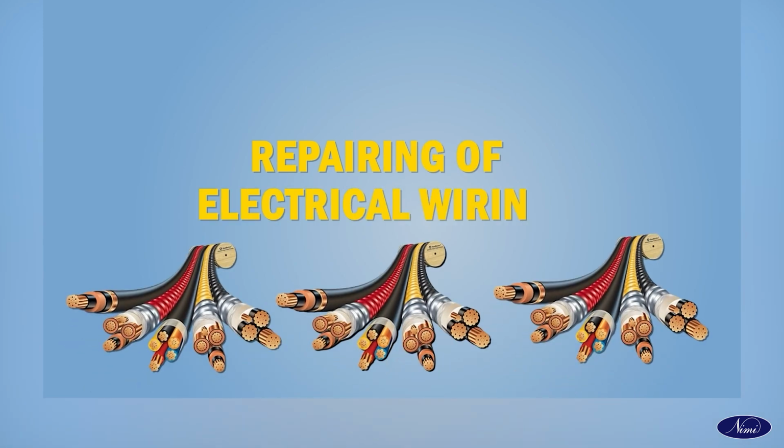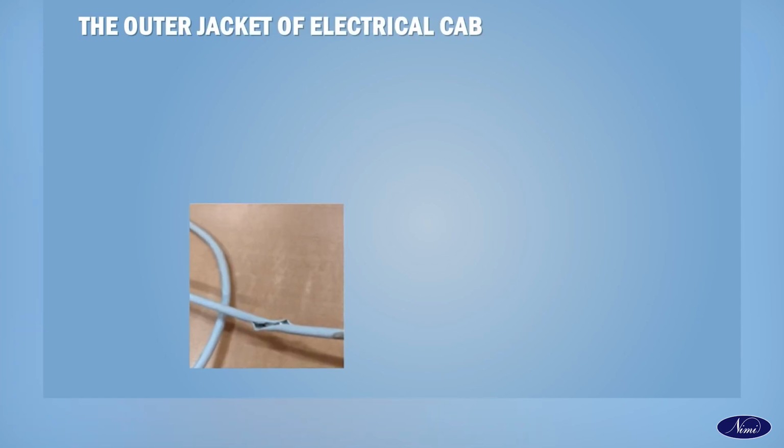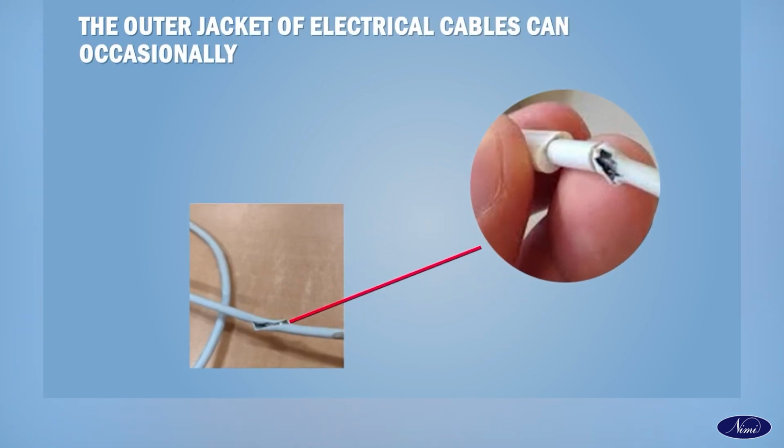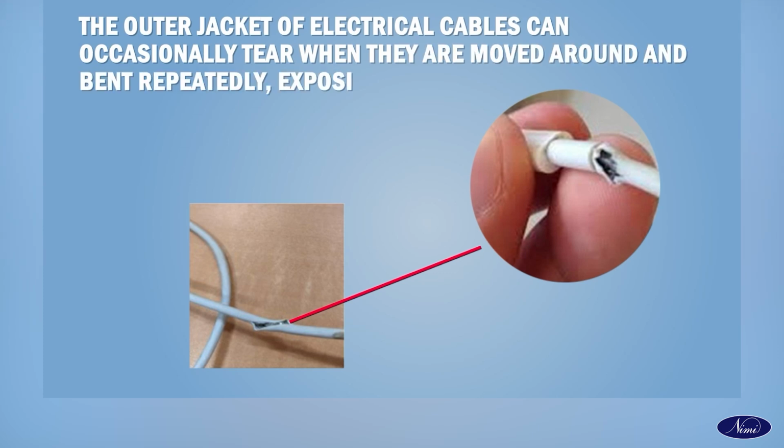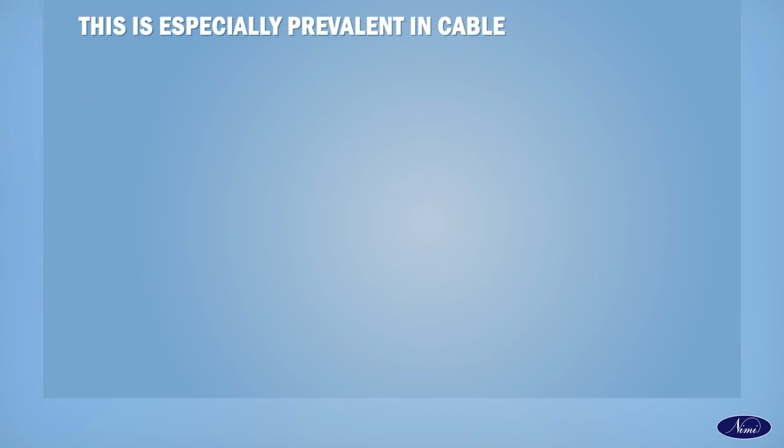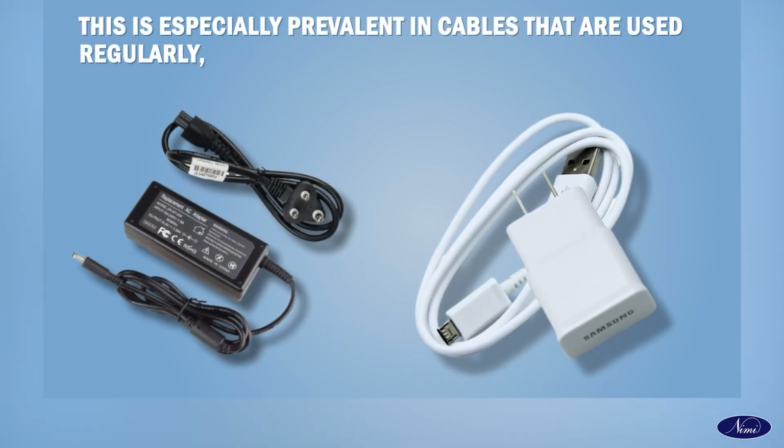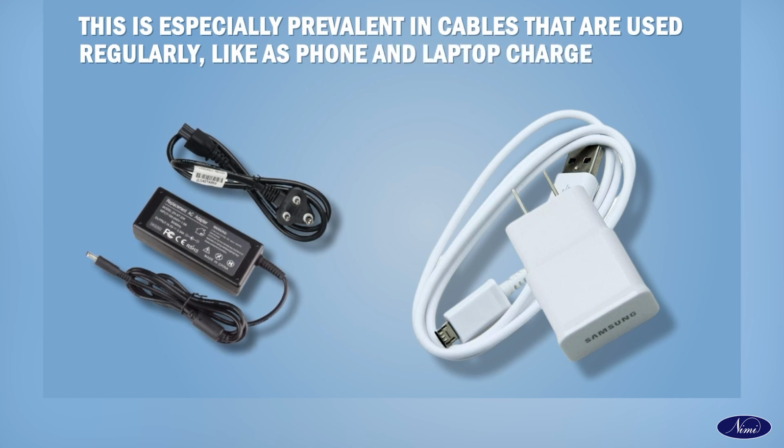Repairing of electrical wiring. The outer jacket of electrical cables can usually tear when they are moved around and bent repeatedly, exposing the wires inside. This is especially prevalent in cables that are used regularly, such as phone and laptop chargers.